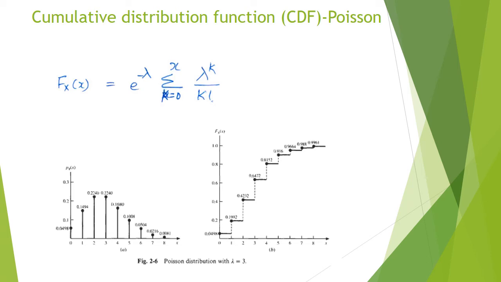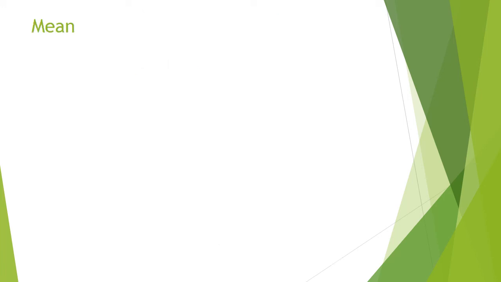For different lambda the graph shape will be different, and it is the capital F_X(x), the cumulative distribution function. Since this is discrete, it has a stem plot, and since it is added up, it is like piecewise constant values.